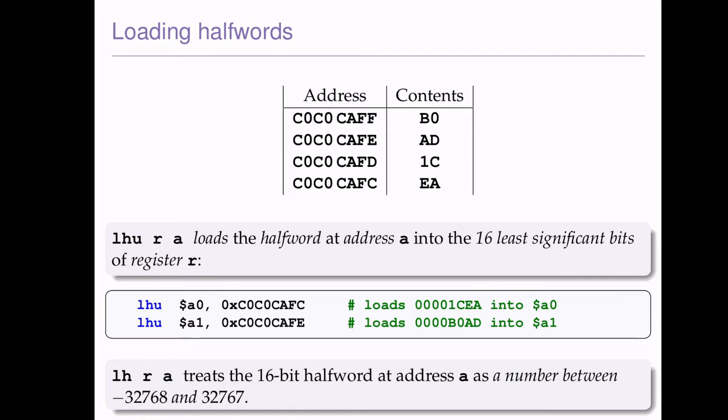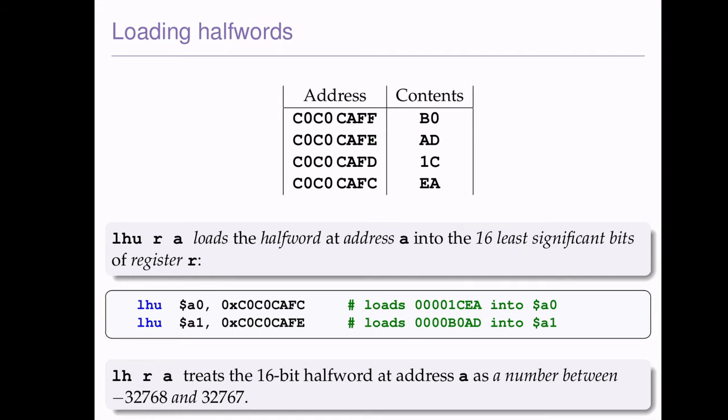Okay, so let's look at how that works. Were we to use A0 and CocoCaf C, what this would do is it would look at CocoCaf C and see the half word stored there, again using little endian notation, as 1C is stored above it and EA is stored in the actual address. So it would store 1C EA into A0. Again, because we're using the unsigned variant, it would extend with 0.